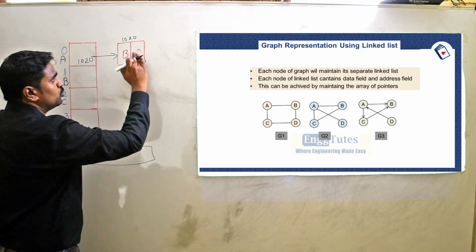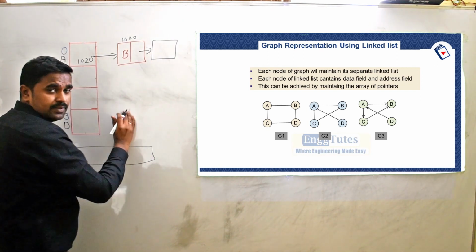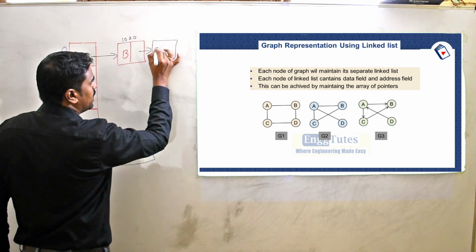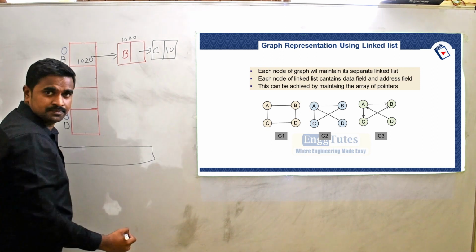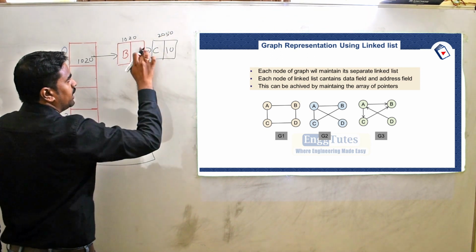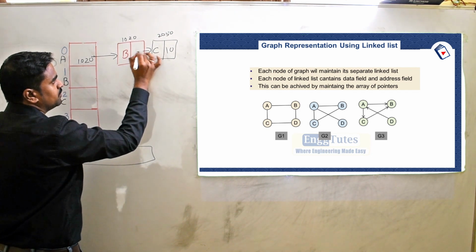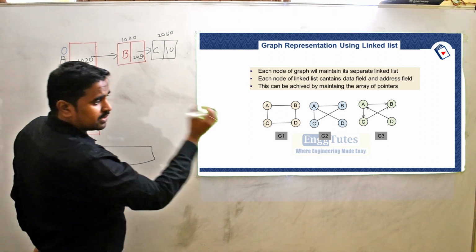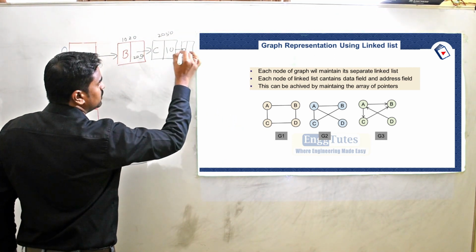It means that through B we can have a link for another node whose data field is C and address field is null. ठीक है? Let's say its address is 2050 and it is stored over here. That is nothing but 2050. Again A is connected to D, so again one new node and it is connected to the previous node.